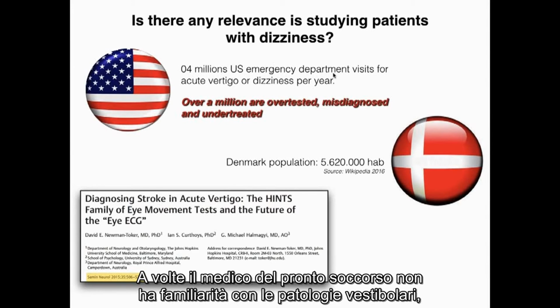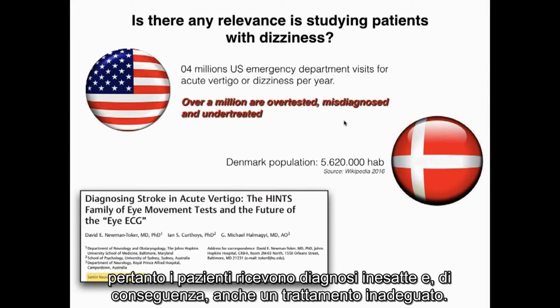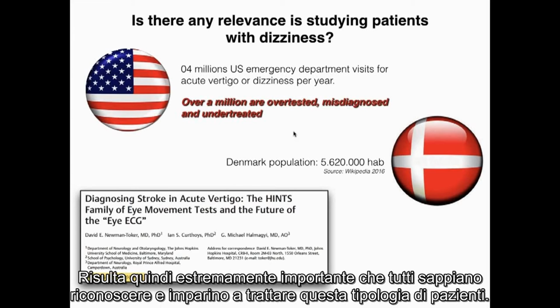Sometimes the emergency department doctor is not familiar with vestibular disease, so patients get misdiagnosed and of course undertreated. So it's extremely important for everybody to learn how to deal with this patient.